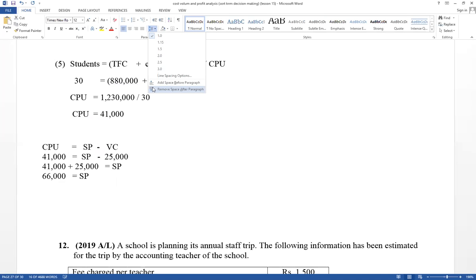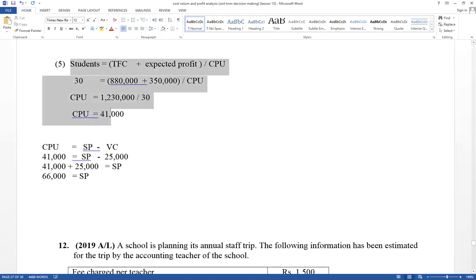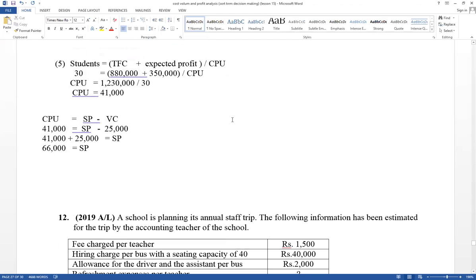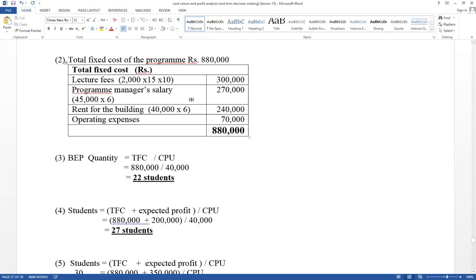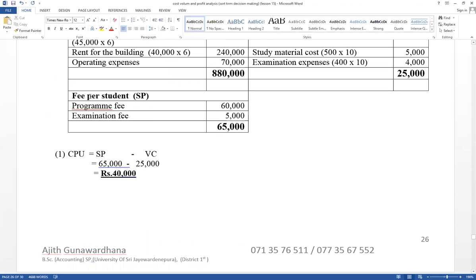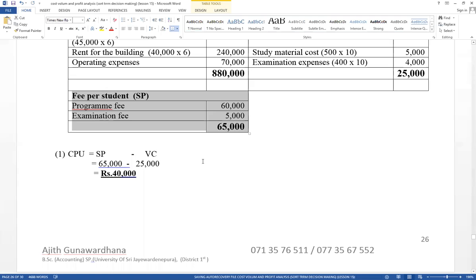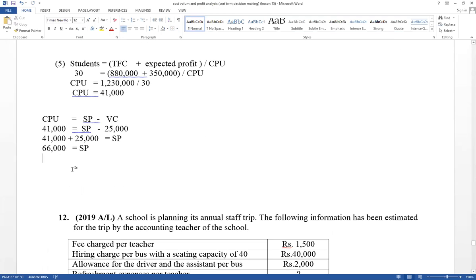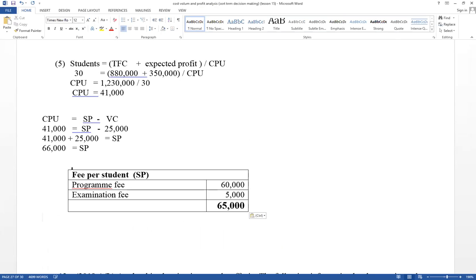Then think about the program fee. Think about the selling price, which includes two parts. This is the selling price. The selling price included the program fee as well as examination fees. Therefore, there's a new program fee.